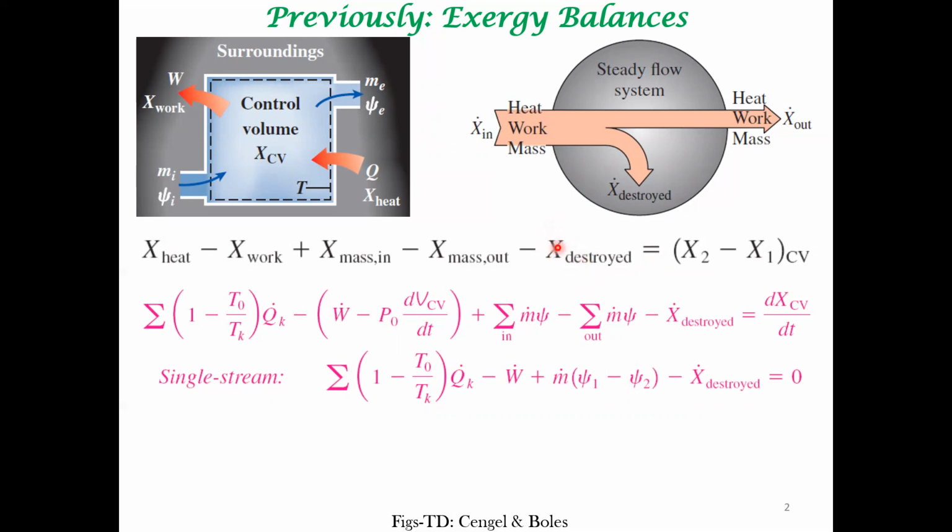We can, of course, write the exergy balance equation per unit time, in the rate form, and then we derive certain equations. Whenever you are trying to compute exergy or entropy, it's better to implement the strategy which makes use of the fact that exergy and entropy are state variables.